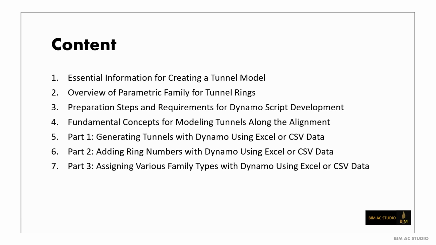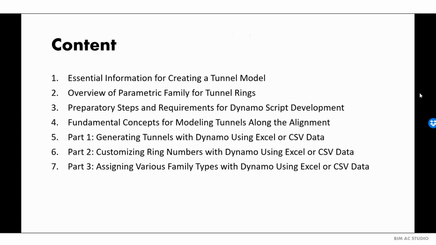Content number 5 starts part 1, generating tender with Dynamo using Excel or CSV data, and content number 6 is part 2, adding ring number with Dynamo using Excel or CSV data. And the last, content number 7, is part 3, assigning various family type with Dynamo using Excel or CSV data.